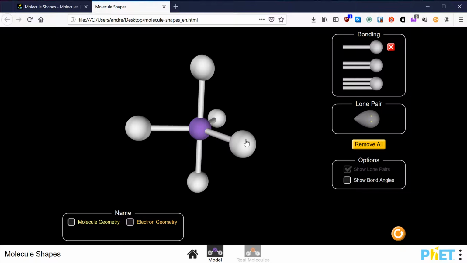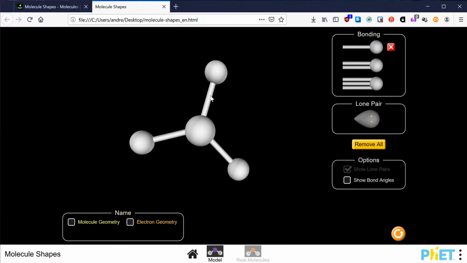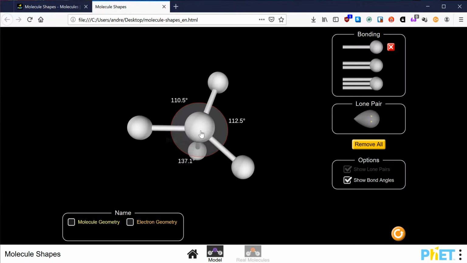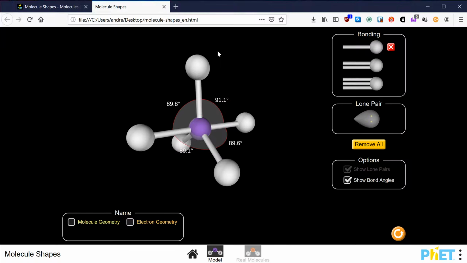And then if these three atoms that form a circle, the equatorial atoms, are 360 degrees, then we would expect that each of these angles here around these, let's angle it such that we can see them more clearly, these angles look like 120 degrees, and if we show bond angles, that's exactly what we see. We see 90 degrees between one of the axial atoms and each of the equatorial atoms, and then if we tilt this to see the bonds between the equatorial atoms, we see that they are 120 as well. Anyway, this is something that you can play around with.